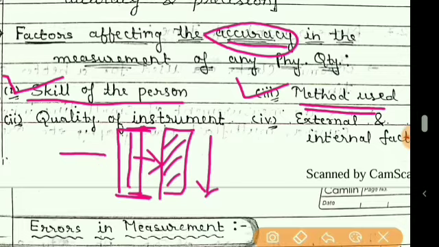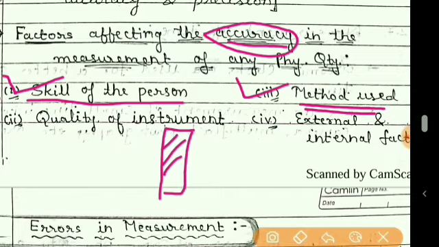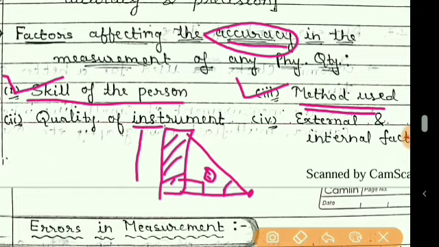In another method, suppose the person is using the height and distance method, that is, using Pythagoras theorem. The angle is subtended by the person from this point, and if this angle is known, using the trigonometric ratios he can find the height.